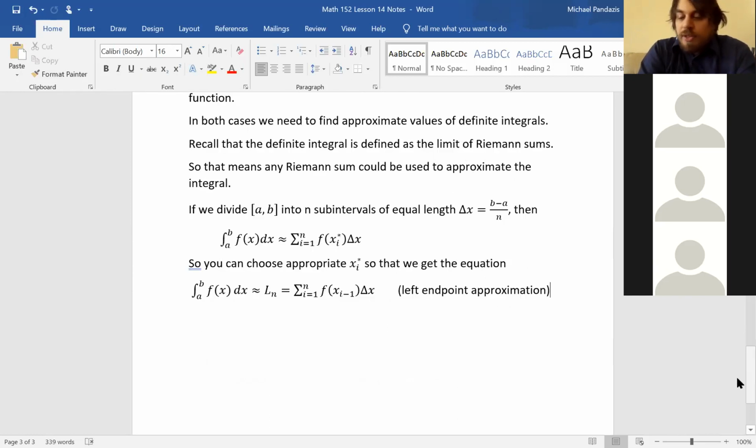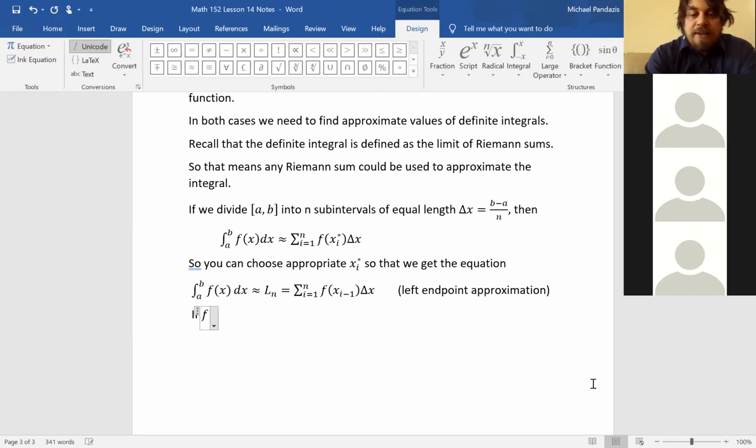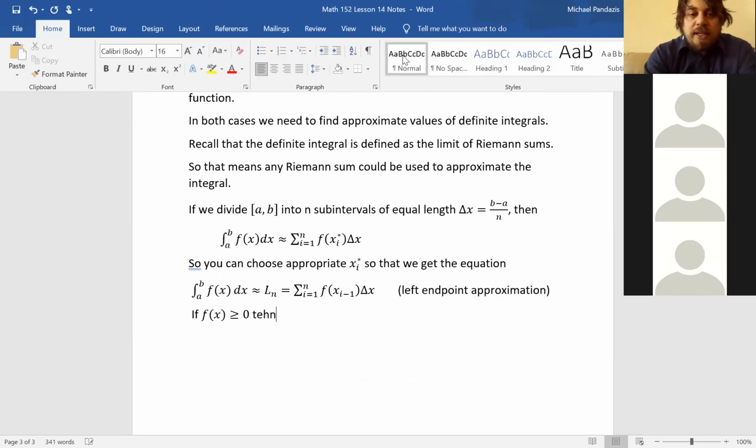Okay, also, let me make a point. I guess I'm going to say this also. If f of x is greater than or equal to 0, then the integral represents an area, the area under the curve.